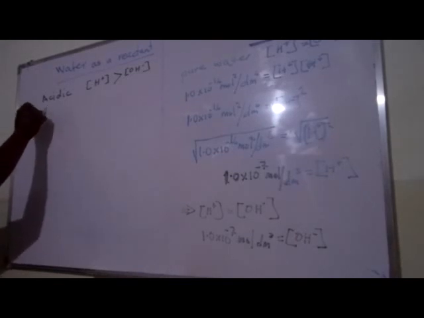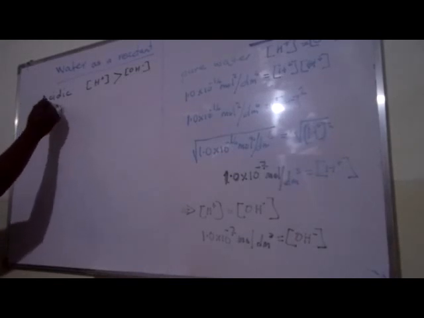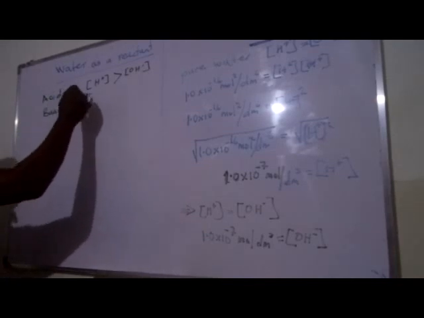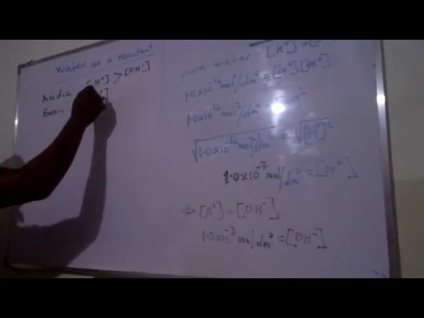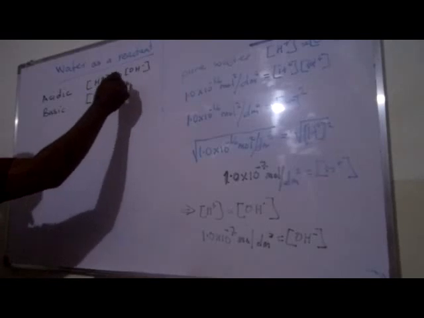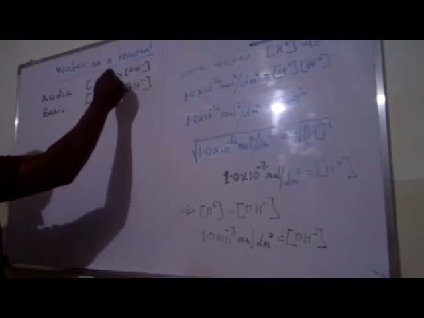If the concentration of hydroxide ions is more than the concentration of hydrogen ions, then we say that the solution is basic in nature. So this brings up the concept of a solution being acidic and a solution being basic.